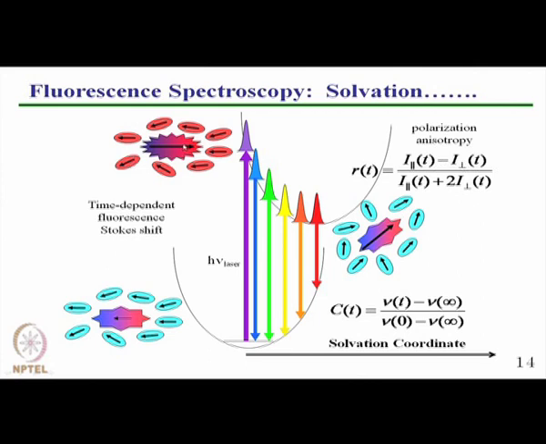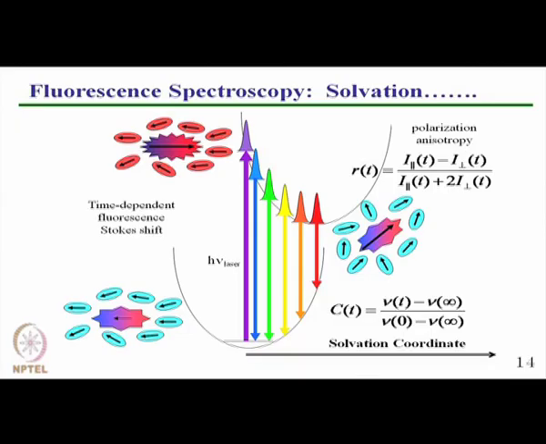So, that gives you a great deal of information about the dielectric behavior, because the moment you generate a dipole, or change the dipole of the system, its dielectric properties are also getting affected. So, that is time dependent dielectric properties that you can follow. That is how these solvent molecules are solvating.